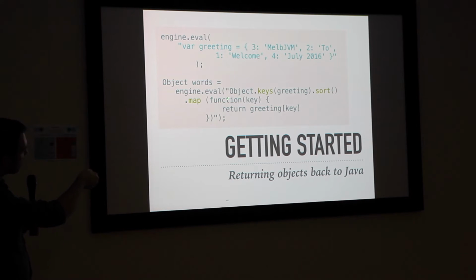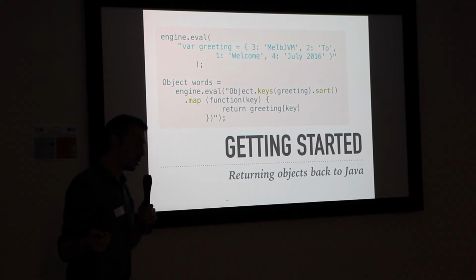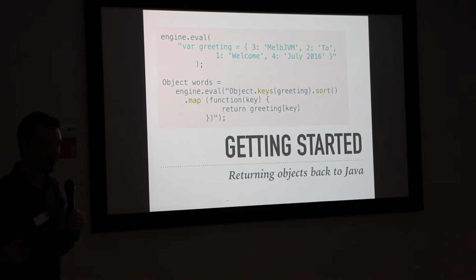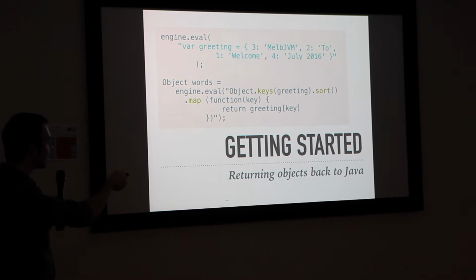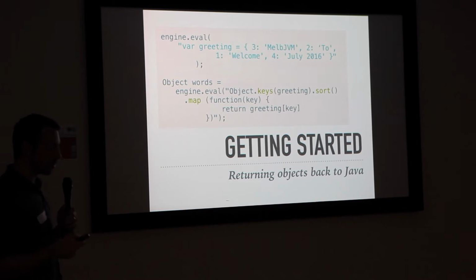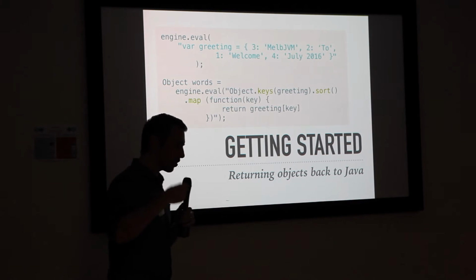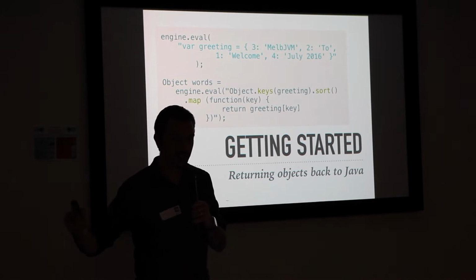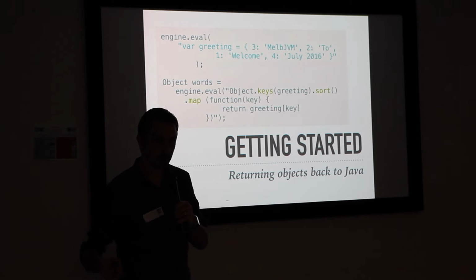This is all JavaScript, and the nice thing about JavaScript is that most people I've worked with forget or don't know that JavaScript's already got a lot of the filter and map that Java only got recently in the Java 8 streams stuff.